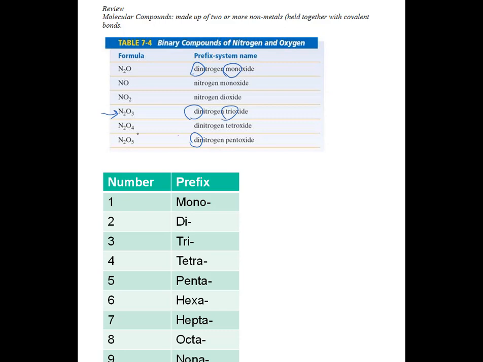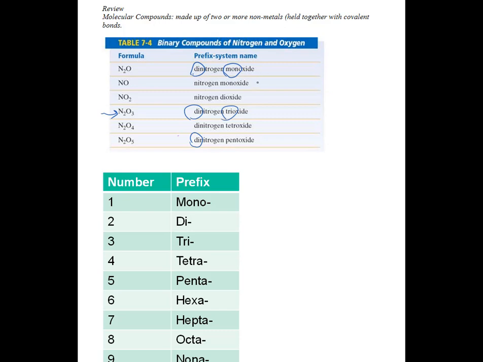And just the same as we did with binary ionic compounds, the first element in the name is just its element name, so we don't change it. So in this case, it's nitrogen. And then for the second element in the formula, we use the ide name.